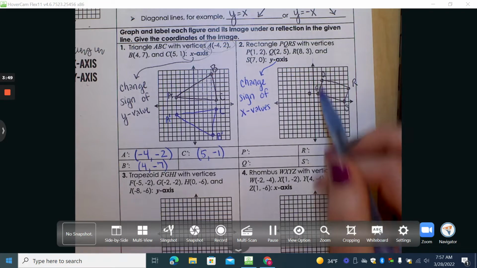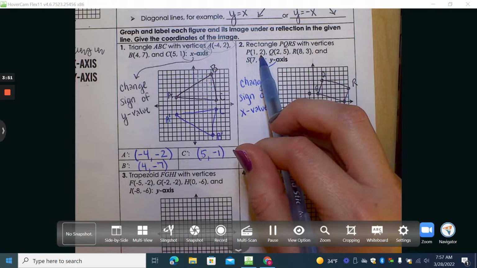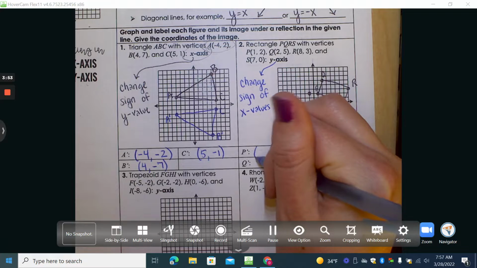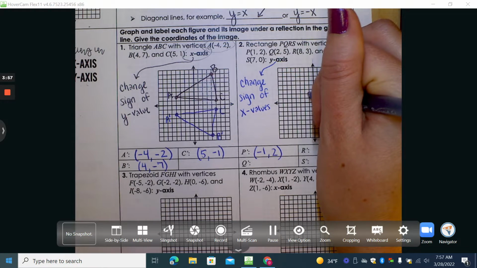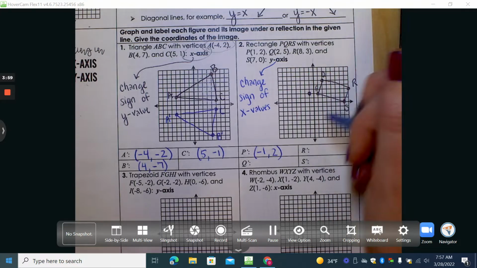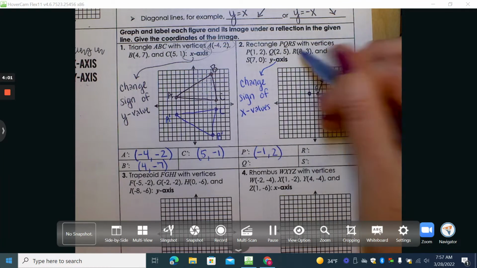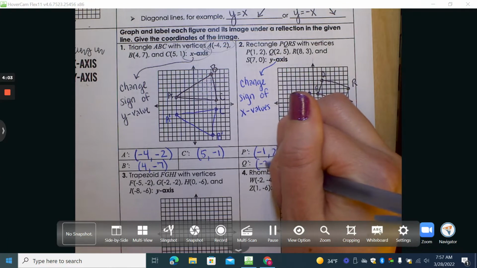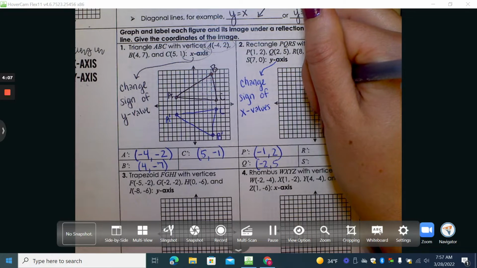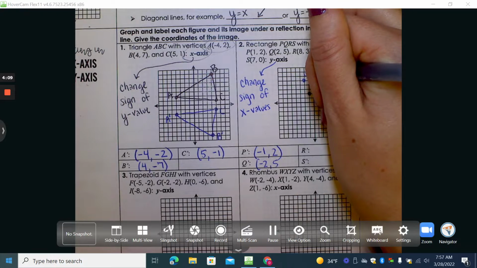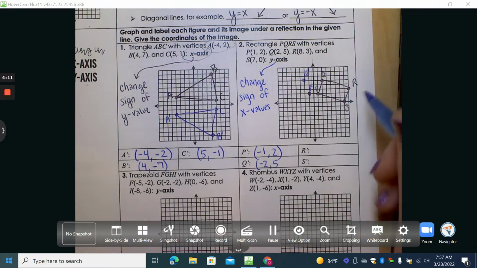Flip over to this side. So when P is 1, 2, I'm actually going to have -1, +2, which gives me this point right here, which I've already kind of drawn. Q is 2, 5. I'm going to actually have -2, 5. So instead of being on this side, it's over here. Q prime is over here. P prime is over here.